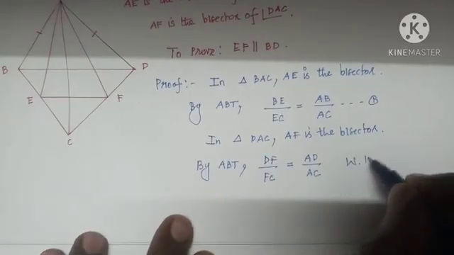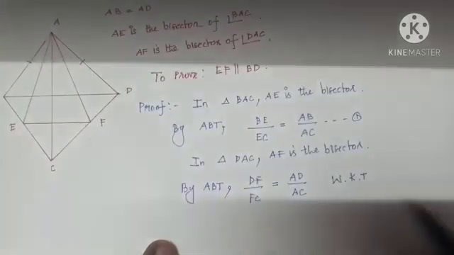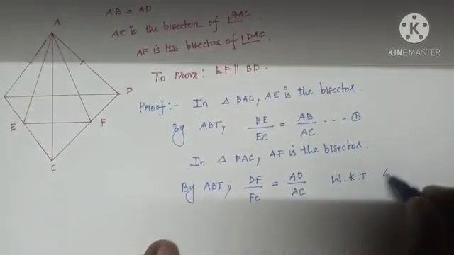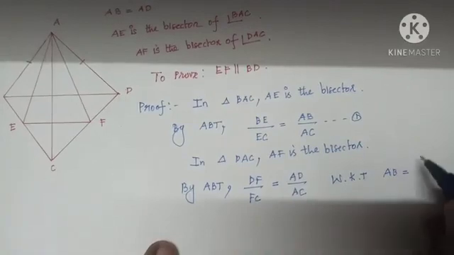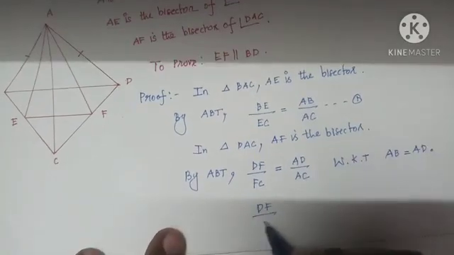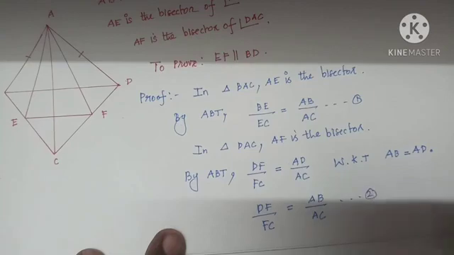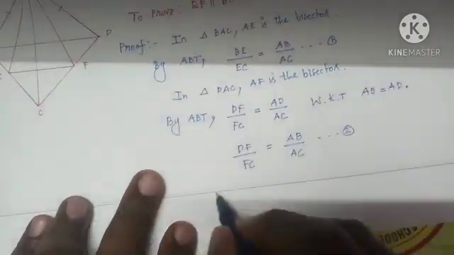We know that the length of AB is equal to the length of AD, so I am going to replace AD by AB. So DF by FC is equal to AB by AC. This is 2.